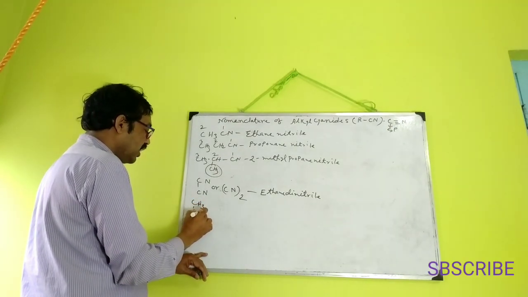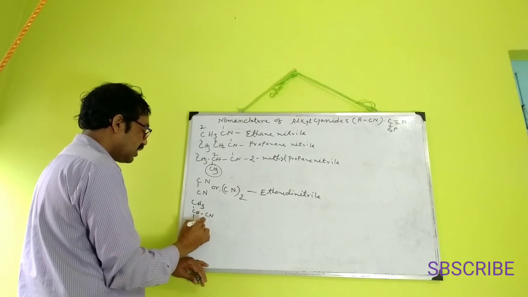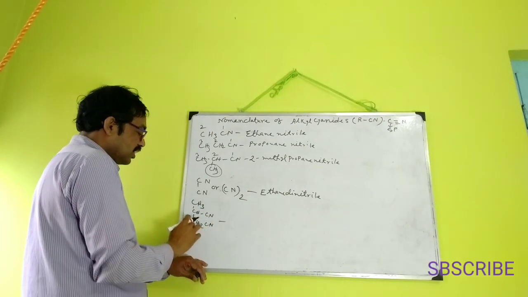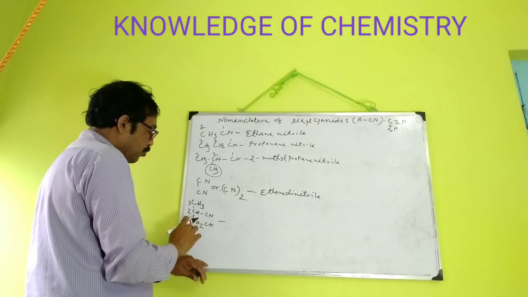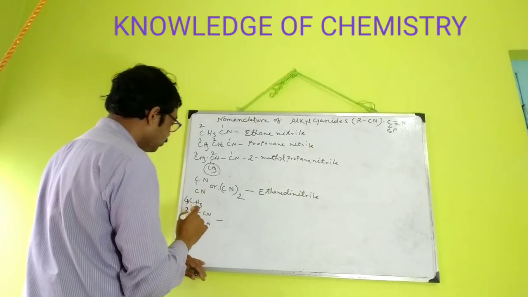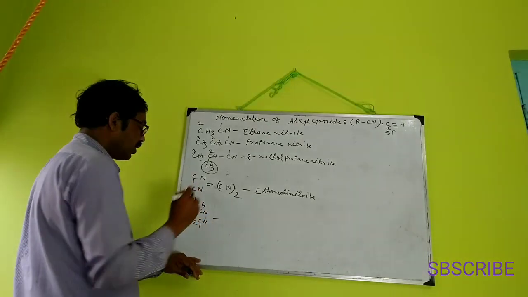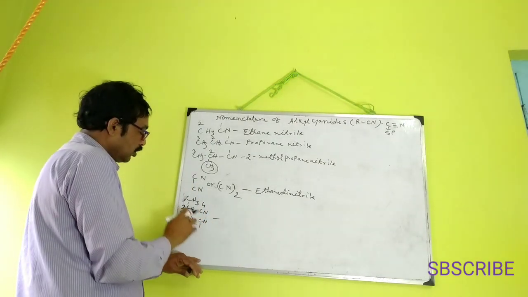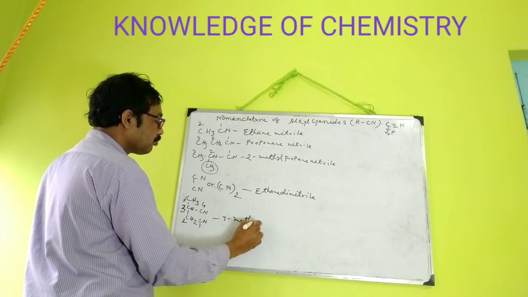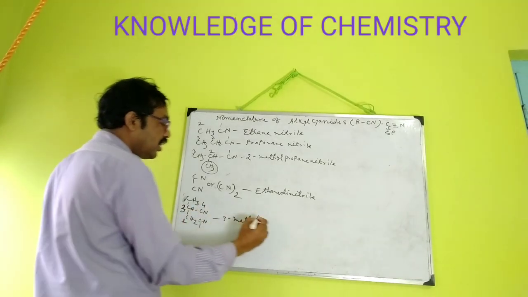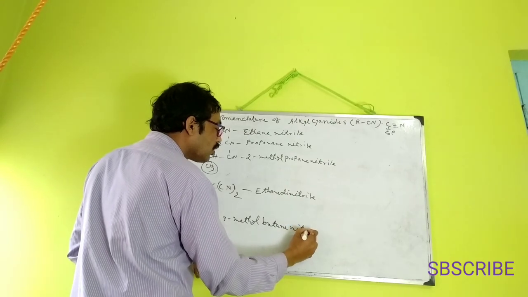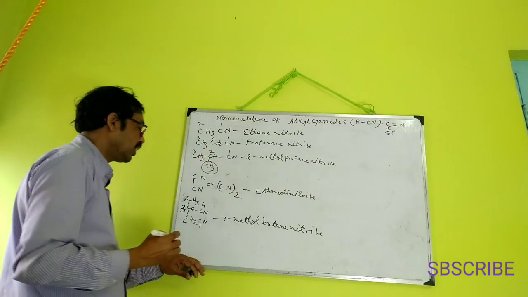CH3CHCN and CH2CN: numbering 1 2 3 4, it is named as 3-methylbutanenitrile.